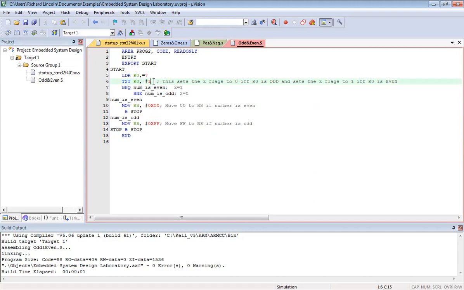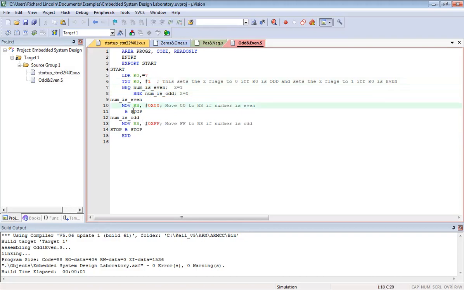If Z is equal to 1, it is an even number. If Z is equal to 0, it is not throwing a zero value, a value is there, it is not 0, then we can say that the number is odd.